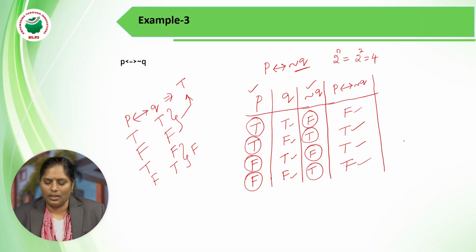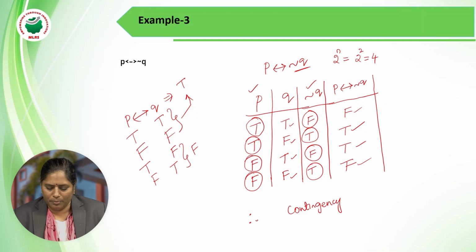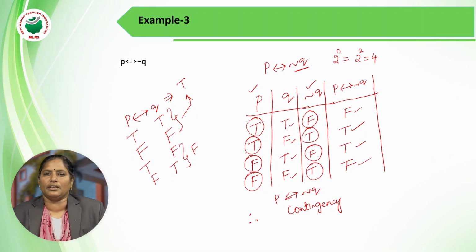So, this is a contingency. Therefore, P implies negation Q is a contingency. What is meant by contingency?